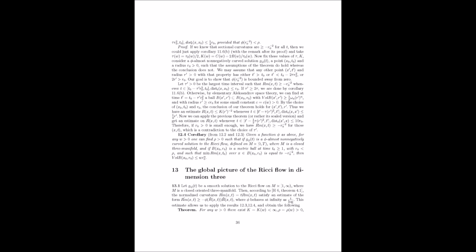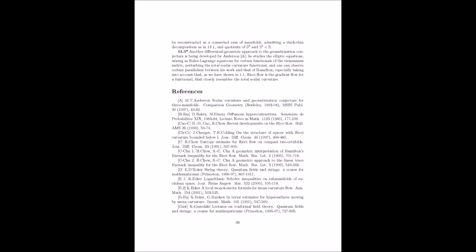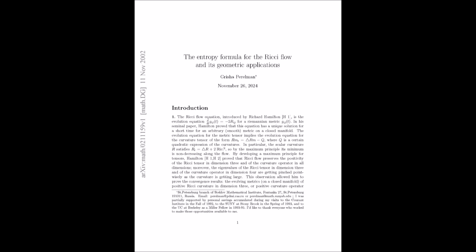Excellent question. The entropy is non-decreasing, and the reduced volume is indeed a measure of disorder. However, the key difference is that the reduced volume incorporates information about the evolving metric, while the entropy is a more global quantity. The reduced volume is like a local snapshot of the disorder at a particular scale, while the entropy is a measure of the overall disorder of the entire system.